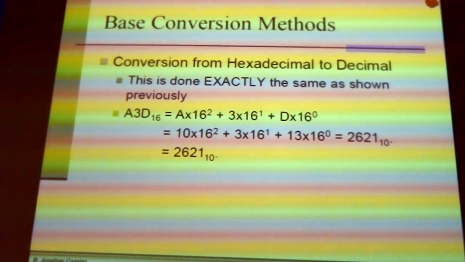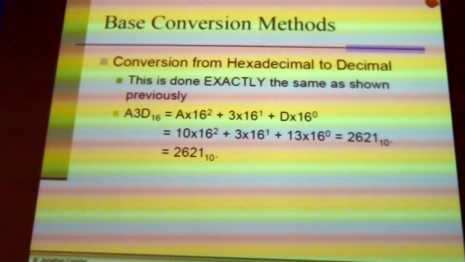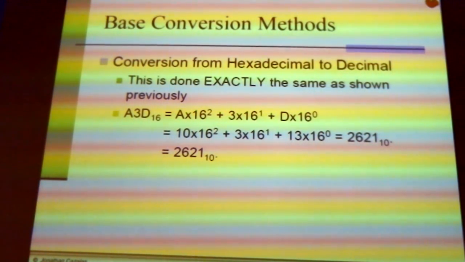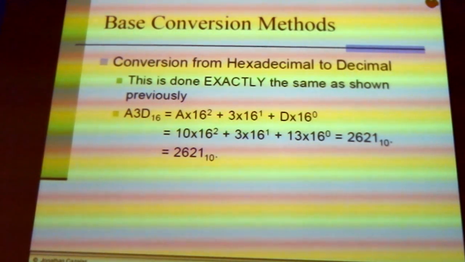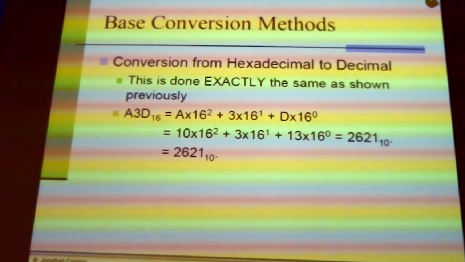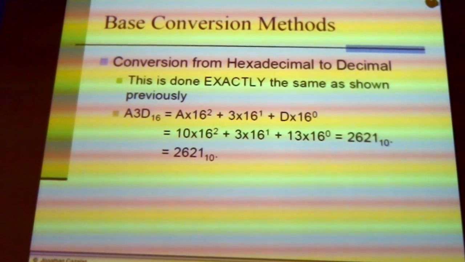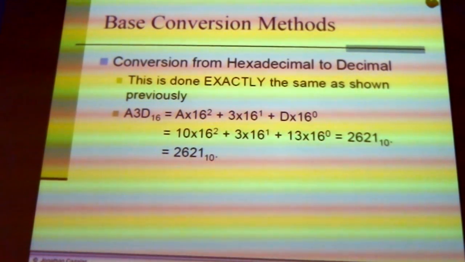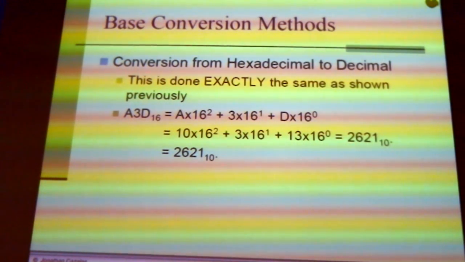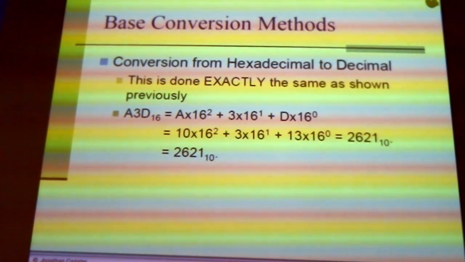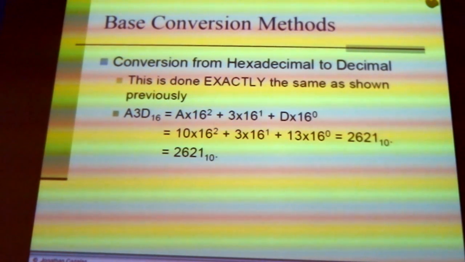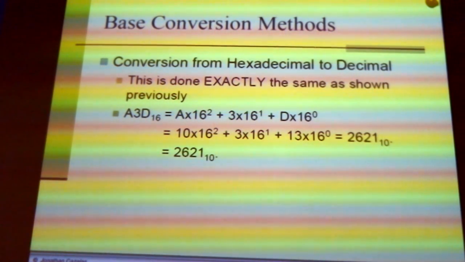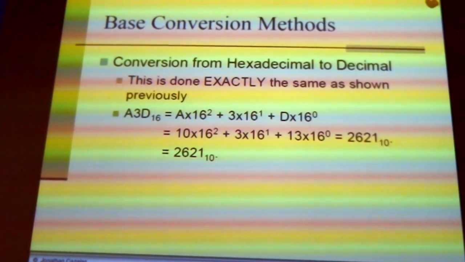Alpha is equal to the value of 10, so we have to replace that alpha with the 10 in the second one, because an alpha doesn't actually work in the calculation. And so we come up here and you can see how we can easily come up with that value. Are you comfortable with the hex thing? Base 16 versus base 2 versus base 10.